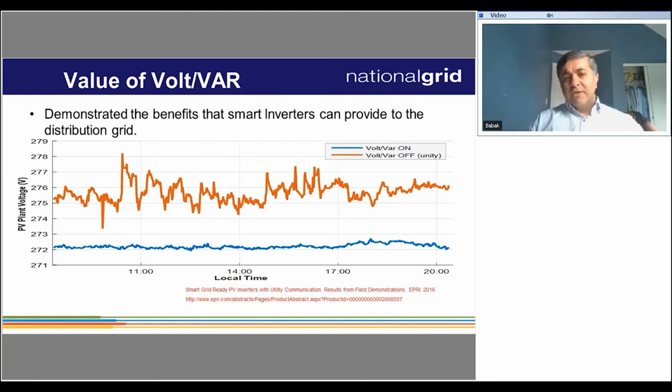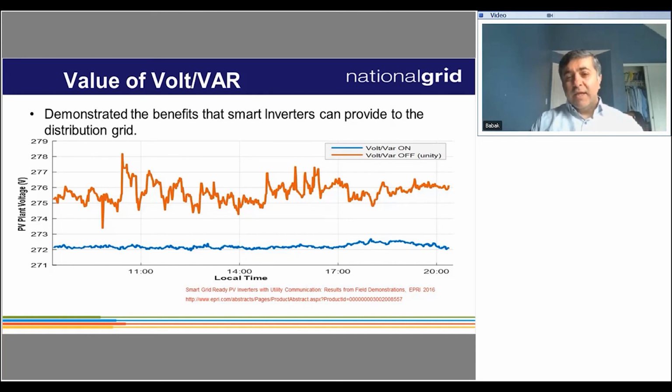We're going to get to the power quality aspect, and you'll see how we can connect the dots. But on this slide, here's an example of a secondary of an interconnection transformer. The orange, or red, I think it's orange, is voltage on the secondary side with volt-var function off.